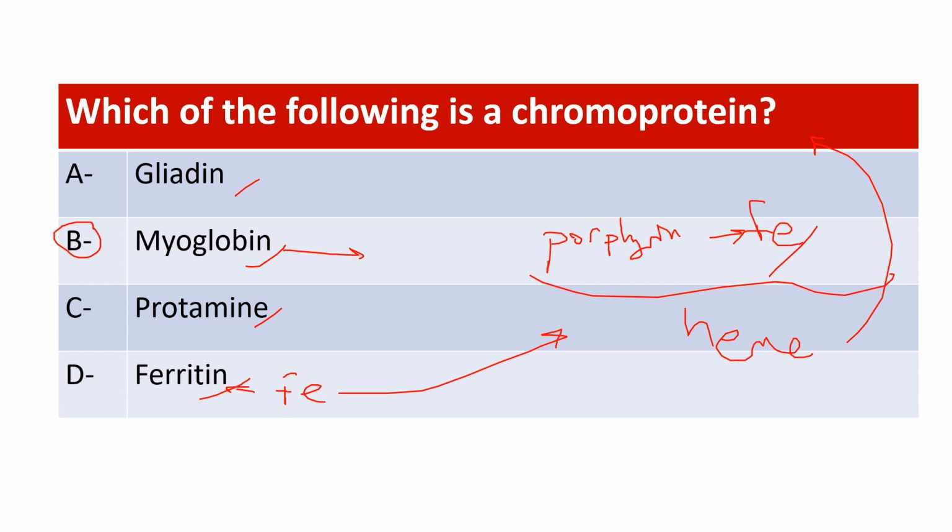The iron in ferritin is a storage form of iron in the body, but it's a non-heme protein. Thus, it's not a chromoprotein. For mammals, especially, they might be different. There are also heme-containing ferritins in bacteria, but for the context of the question, the answer is myoglobin.